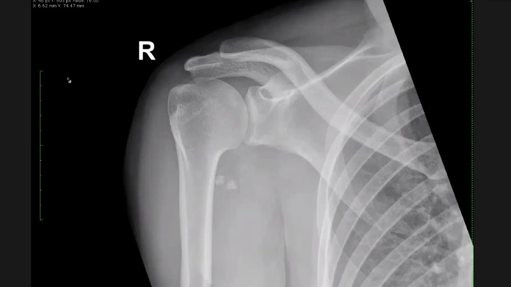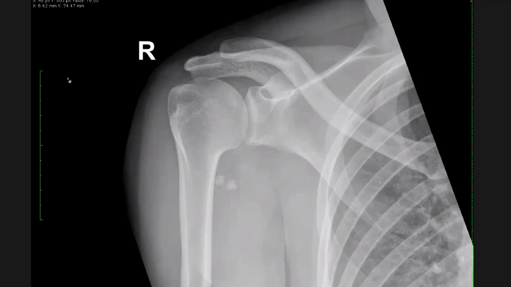I can't see any lytic or sclerotic lesion in the visualized humerus. Clavicle is also fine, and the rest of the joint and the muscle compartment surrounding shows no other lesion.